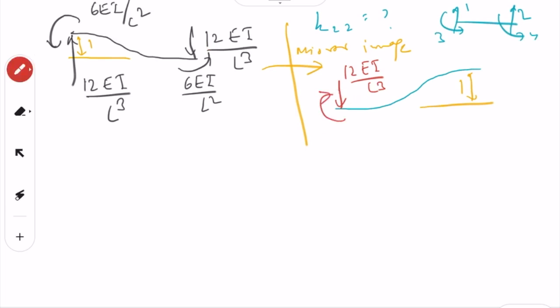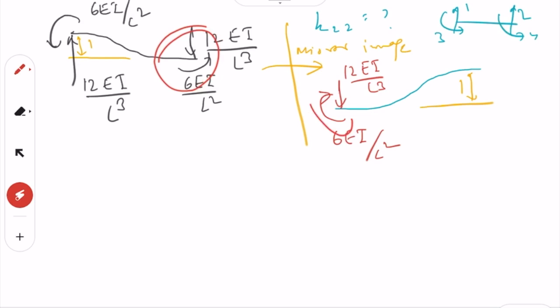And this will be value 6EI over L square, right. So this is the mirror image, hence if it is anti-clockwise, this will be clockwise here, but if it is down, it will be down only, because this is a mirror image.